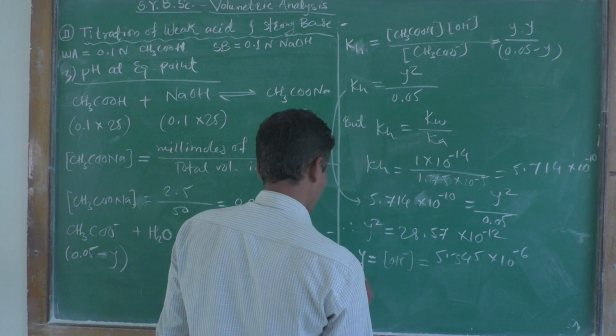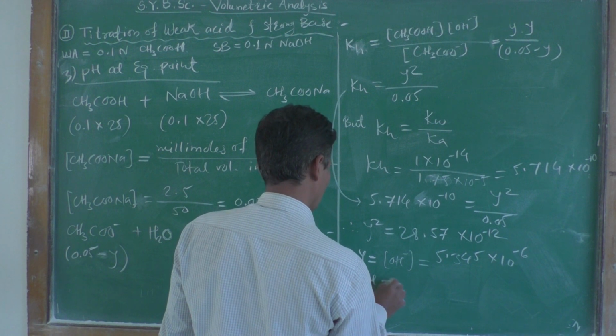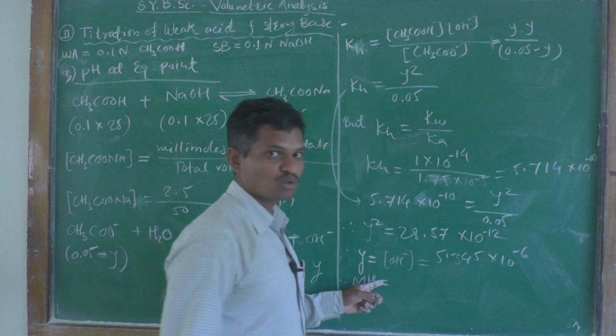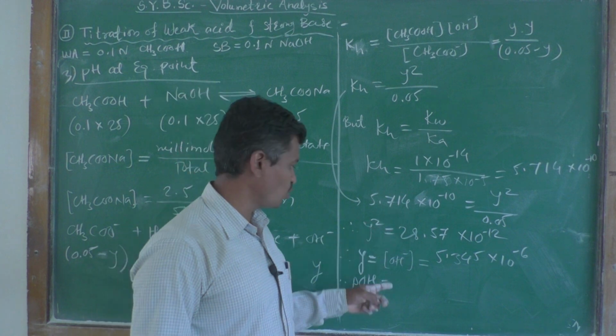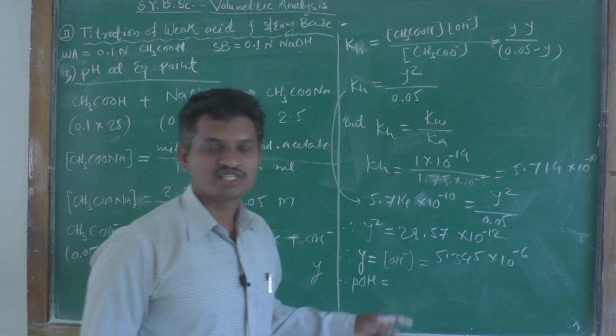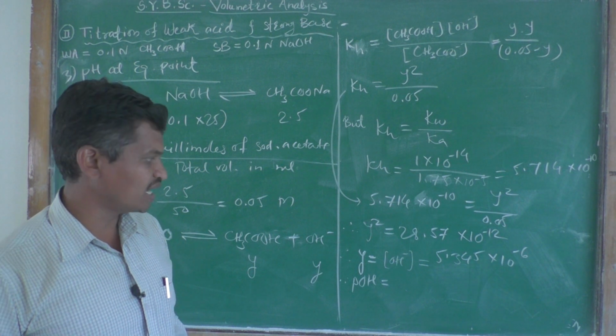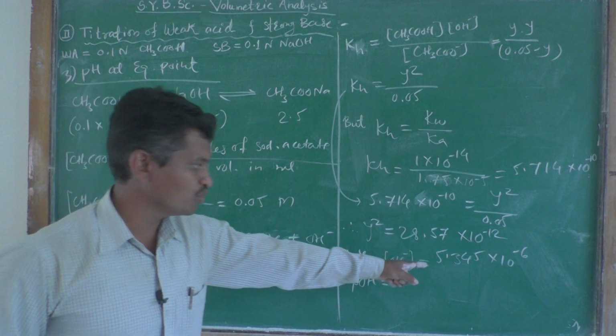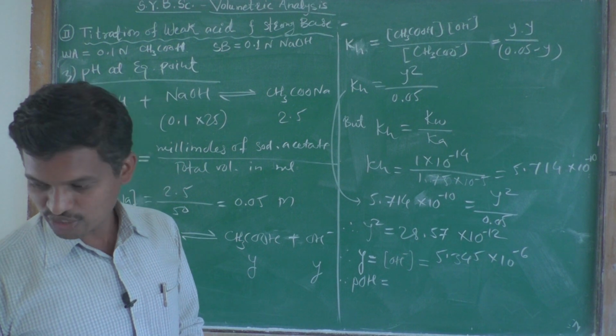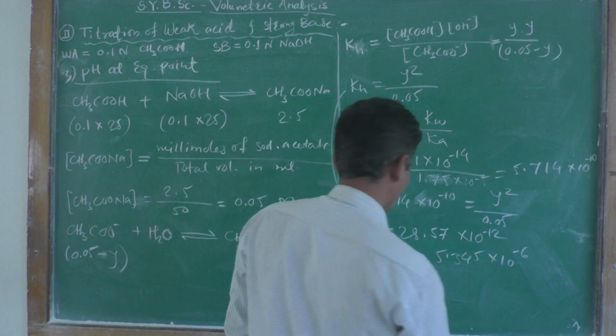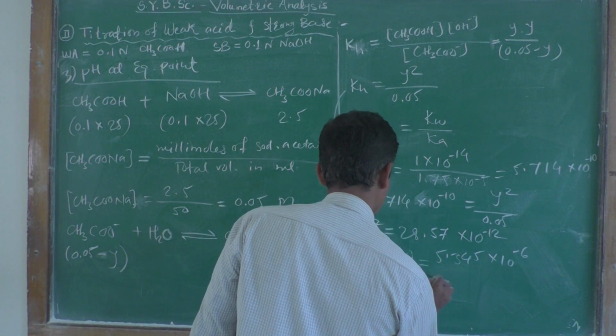Therefore pOH is equal to log to the base 10 of 1 upon the OH minus ion concentration. This is the formula for pOH, and if you put this value in that formula, then pOH becomes 5.272.